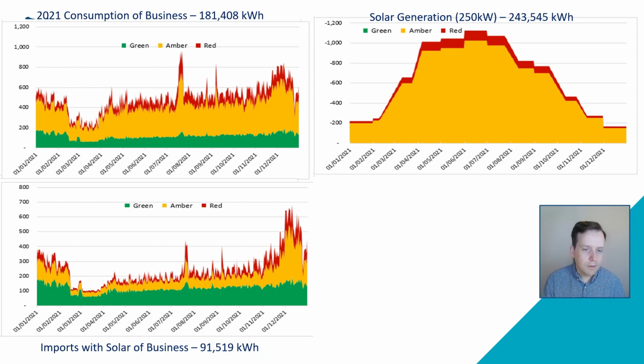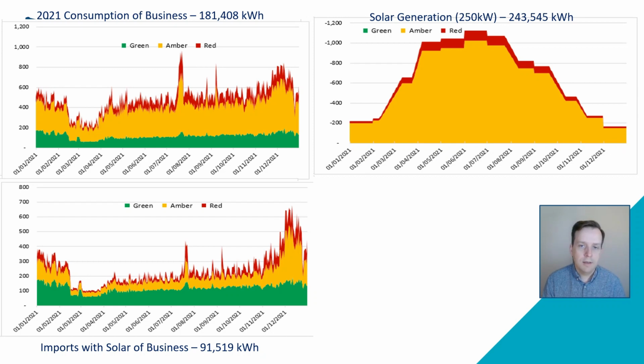So if we look at the green, that let's say between 100 and 200, so that holds through, that the green has not been affected by the solar generation, and also the winter usage has had minimal effect on the amber period.